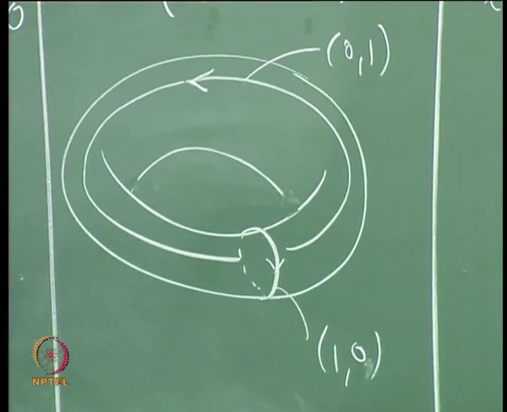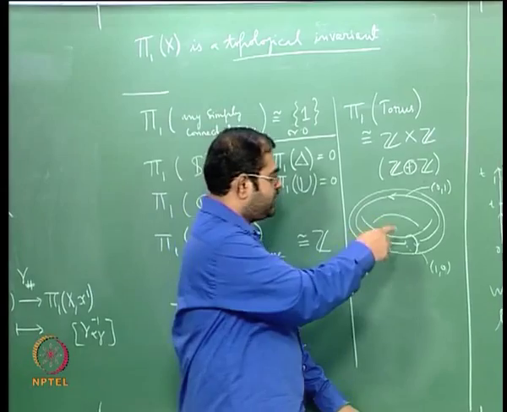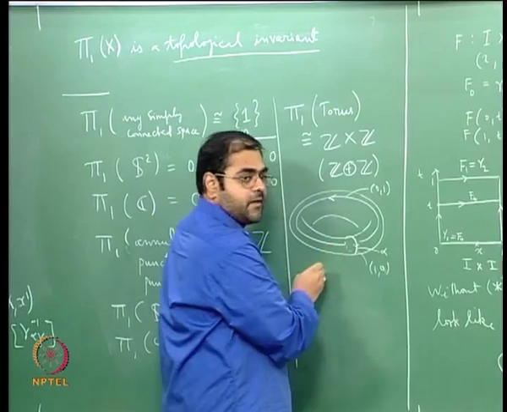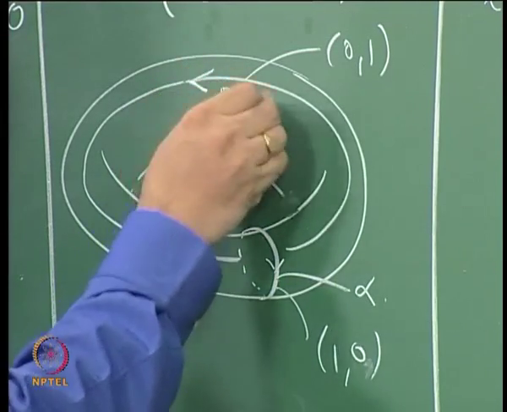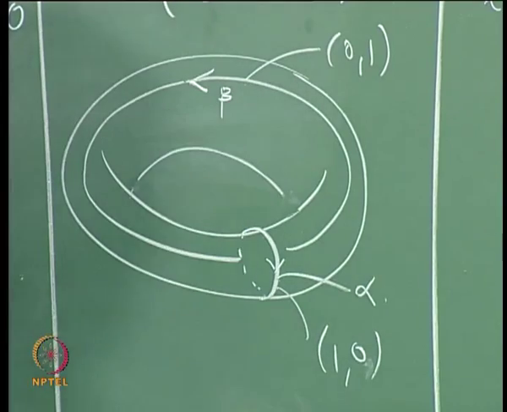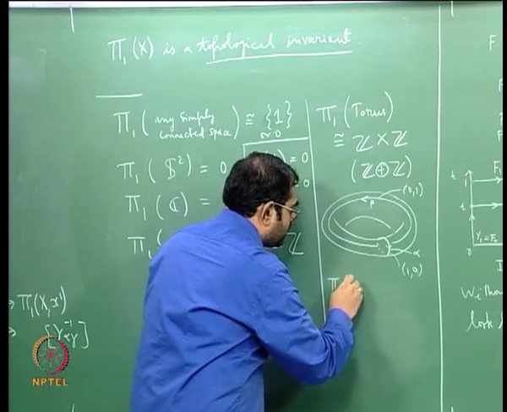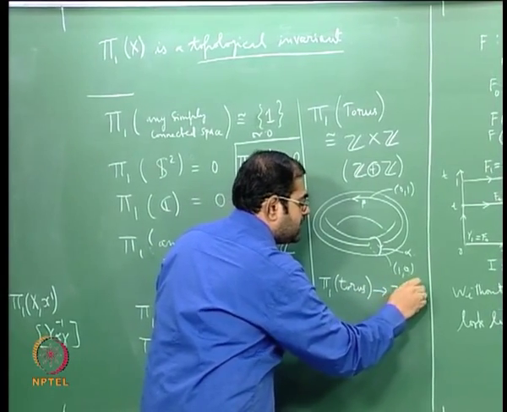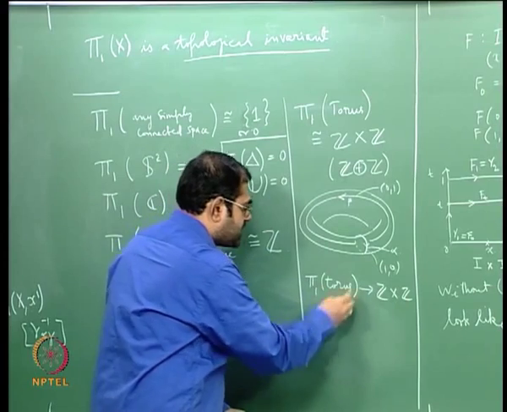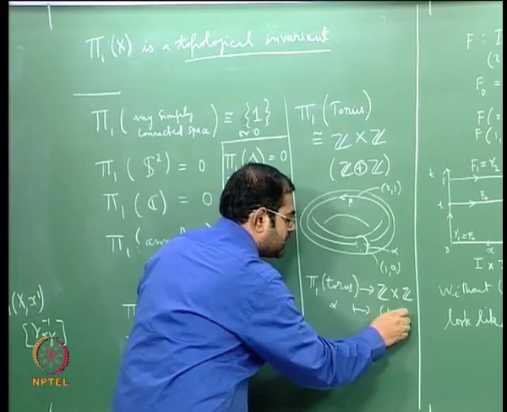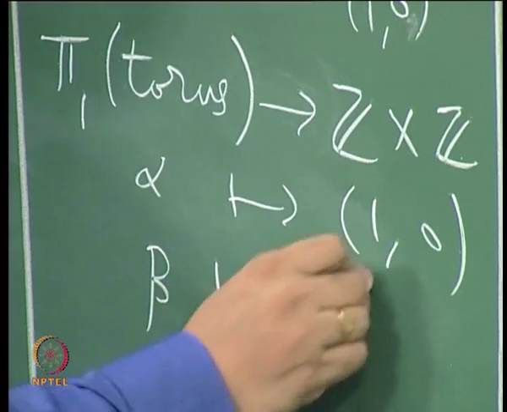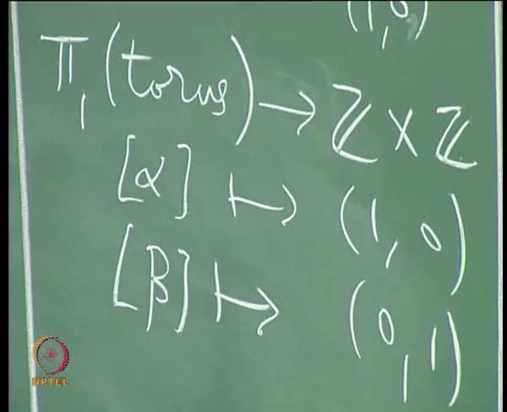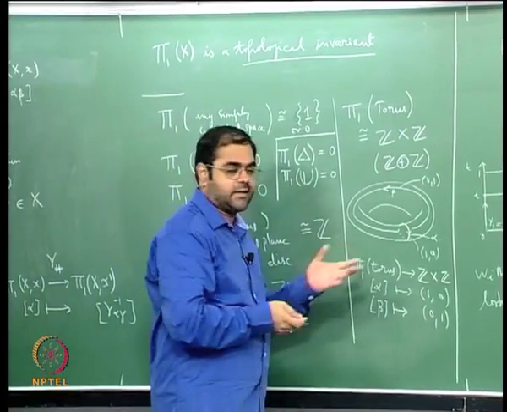and what I mean is that suppose I call this loop alpha, and suppose I call this loop beta, this one, okay. From the fundamental group of the torus to Z cross Z, if you define the map by sending alpha to (1, 0) and beta to (0, 1), of course I should be careful, I should say homotopy equivalence class, and if you want I fix a base point, that can be done, okay.